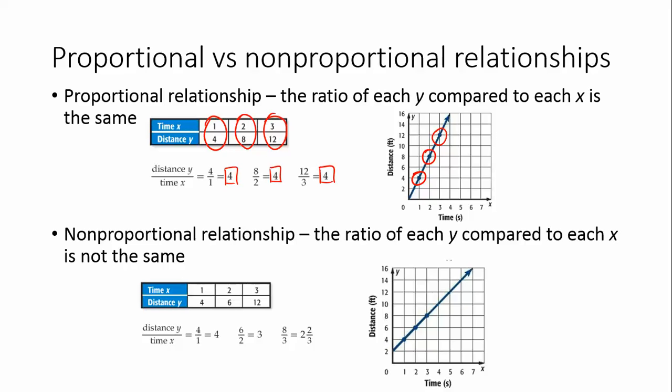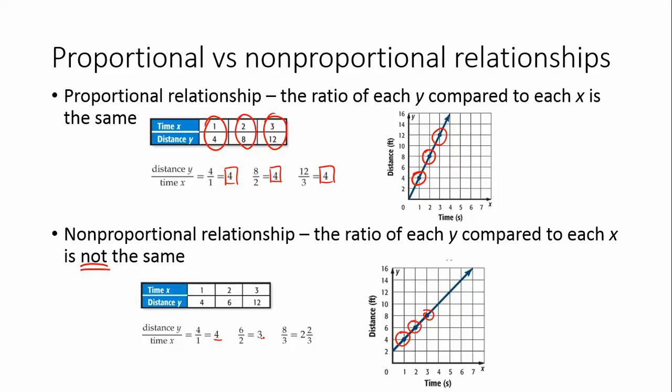So then on the other side of that, a non-proportional relationship is when the ratio of each y compared to each x is not the same. So now if we look at some of the ordered pairs on the graph, you see 1, 4, 2, 6, and 3, 12. In the table, they are denoted 1, 4, 2, 6, 3, 12. And if you compare the distance over the time, we get 4 over 1, 6 over 2, 8 over 3.